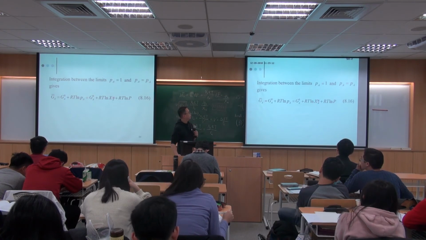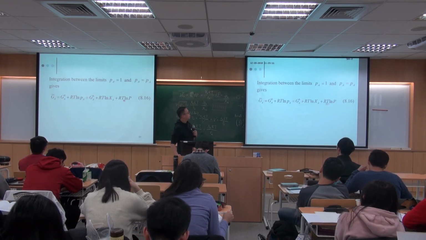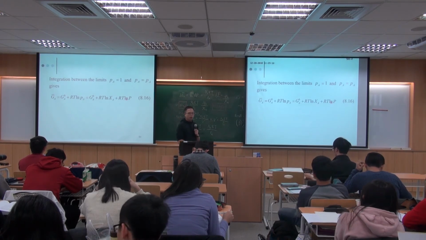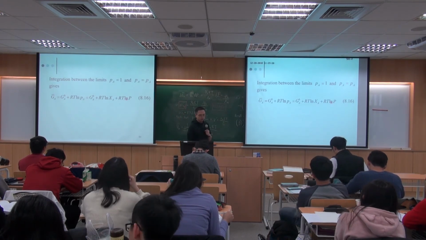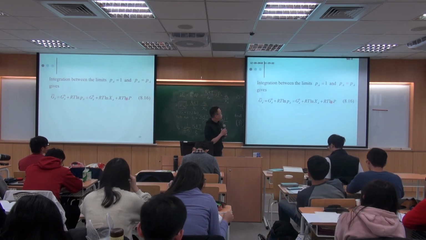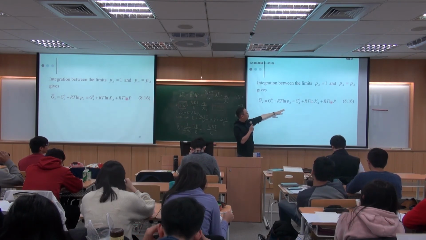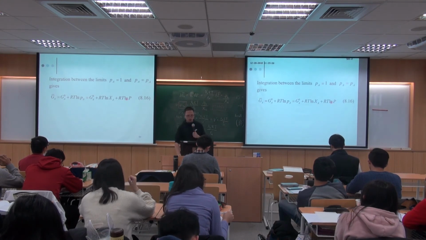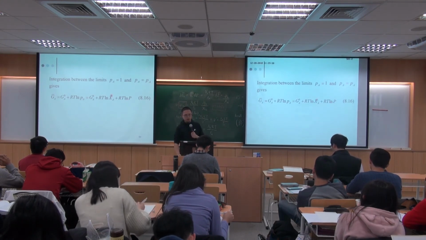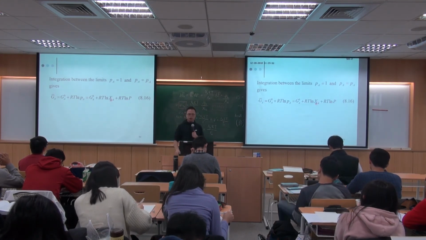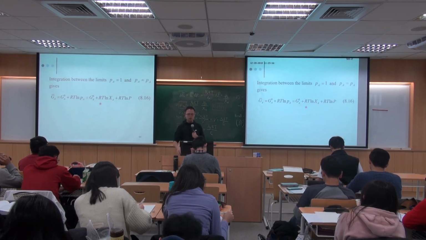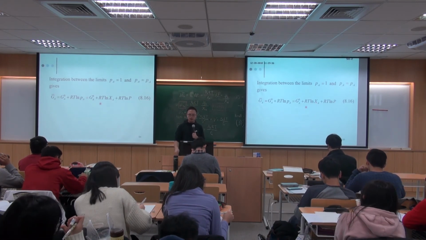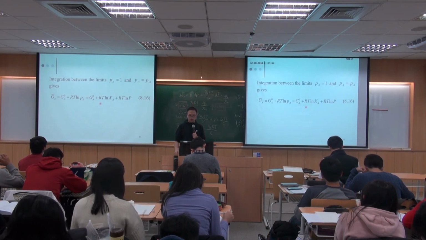Then you're just having GA bar is GA0 plus RT log P. But if you have some other particles in the system, then you have a negative number for the second term on the right-hand side, because XA is typically less than 1. So this is always a number less than 0, which is negative.